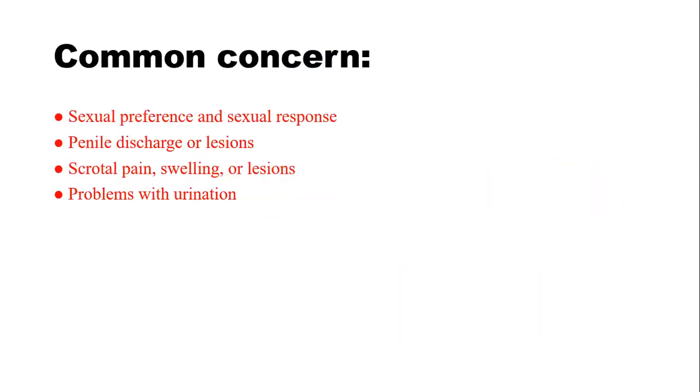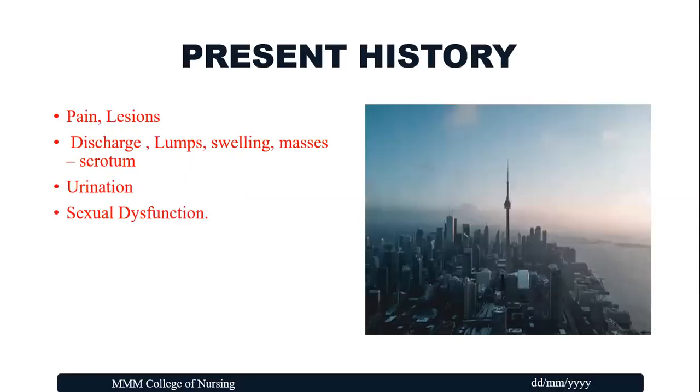The common concerns are sexual preference and sexual response, penile discharge or lesions, scrotal pain, swelling or lesions, and problems with urination. Moving on to the present history, pain and lesions. You'll also have to inquire about the discharge, lumps, swelling, or any masses in the scrotum, urination pattern, and sexual dysfunction.